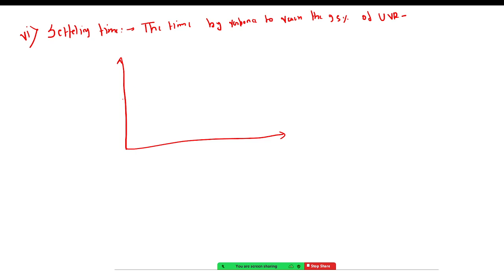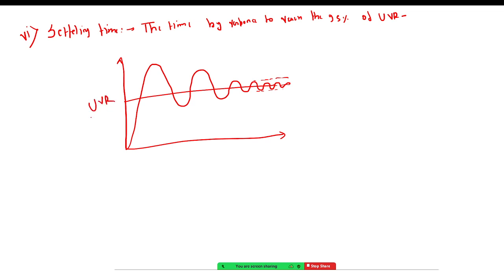Let's say your response is like that. It will behave and go like that. Finally it will reach 95% of this ultimate value, right? This is your ultimate value. This will come in the plus 5% range, and this will come in the minus 5% range, right? That's why this particular time will be called the T settling.